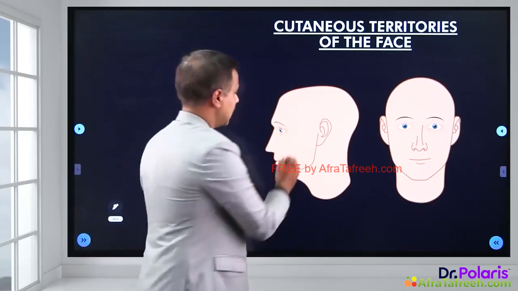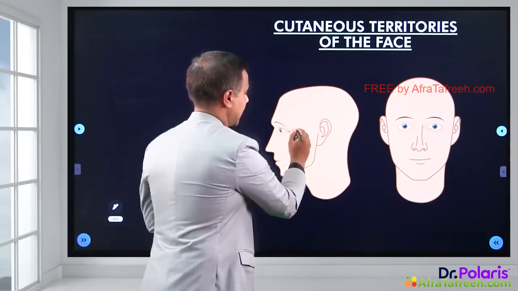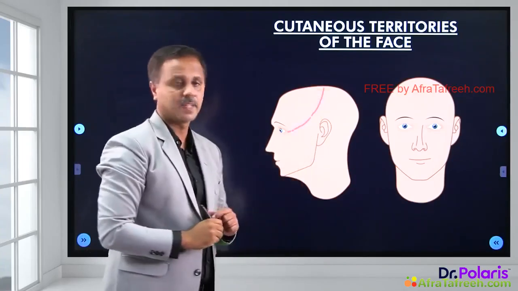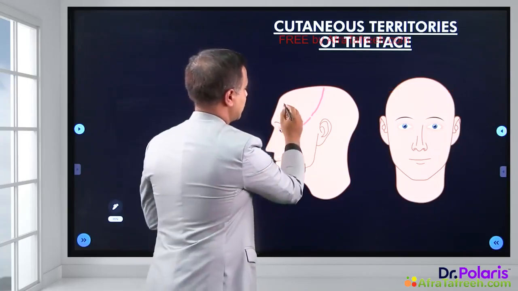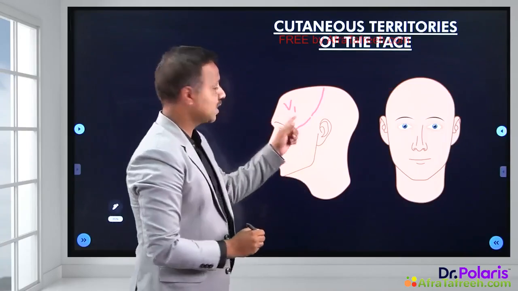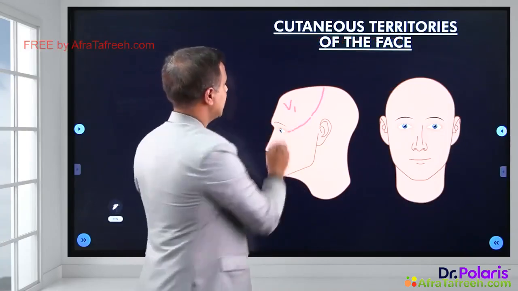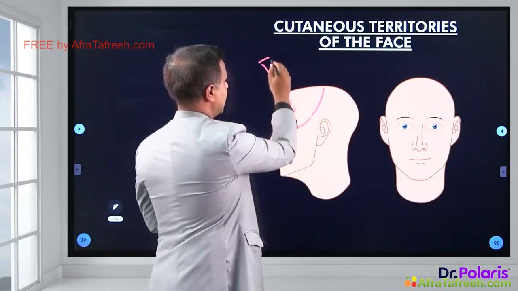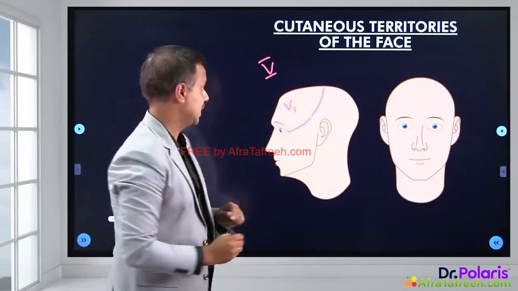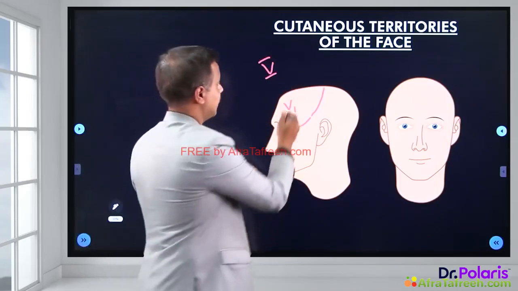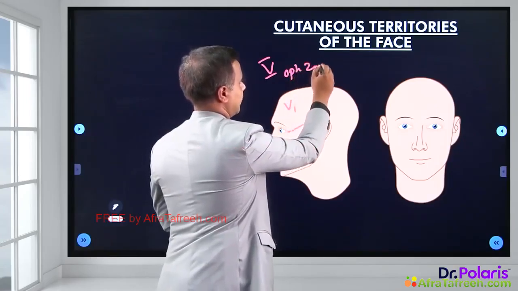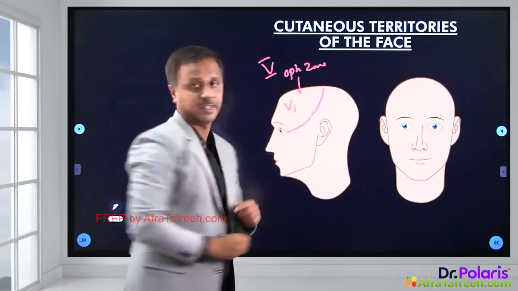If you draw a line from the angle of the eye to the vertex, this denotes a zone called zone 1. Now don't read it as V1 because V here stands for the Roman numeral 5, which suggests the trigeminal nerve, the fifth cranial nerve. So this is referred to as V1 or the ophthalmic zone, the ophthalmic territory.